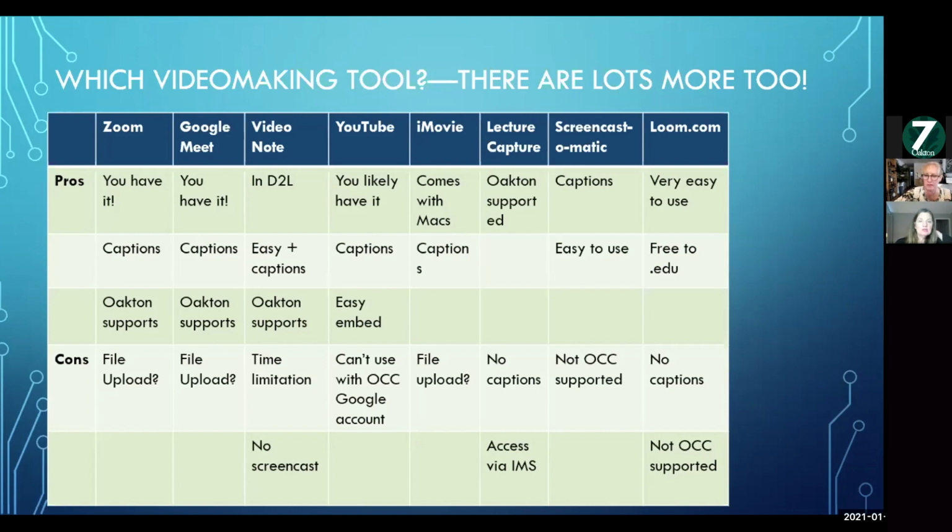But one option that you have is that you can record your Zoom session, right? So that's a great idea because you already have it. You don't need to purchase anything. You're familiar with Zoom. So you can just record your Zoom session and then save it and do it later. There is a way to do captions. Oakton supports Zoom. Those are all great options that will argue for using Zoom.